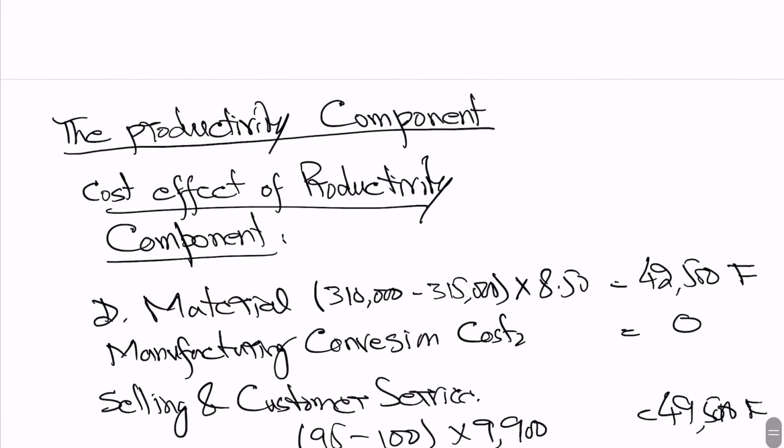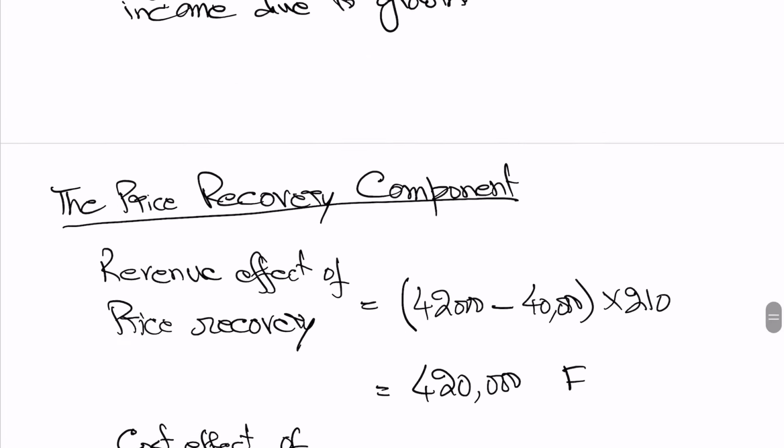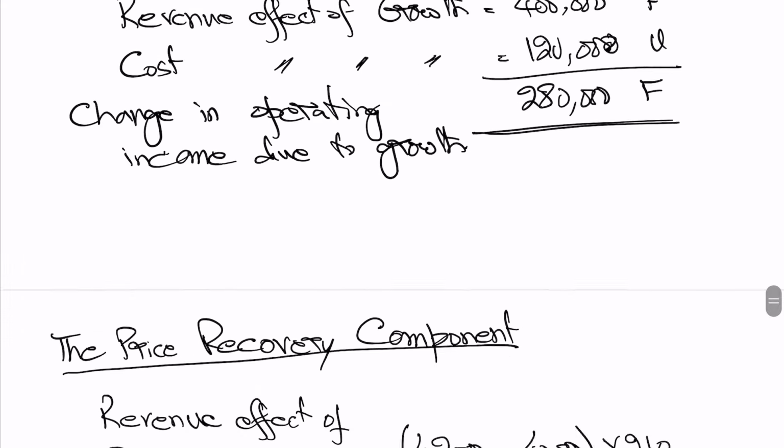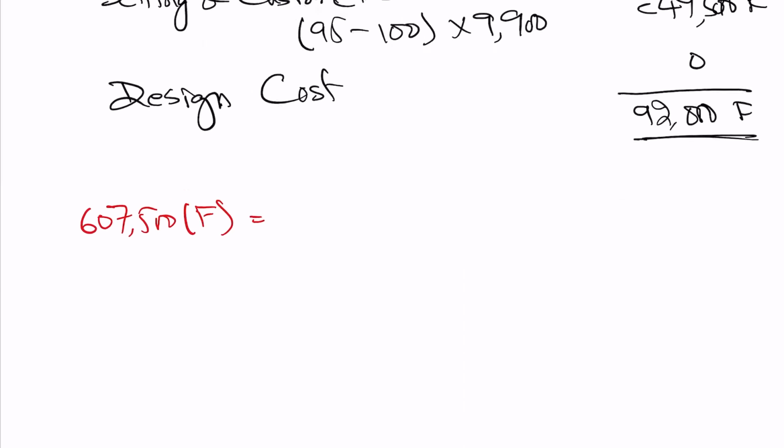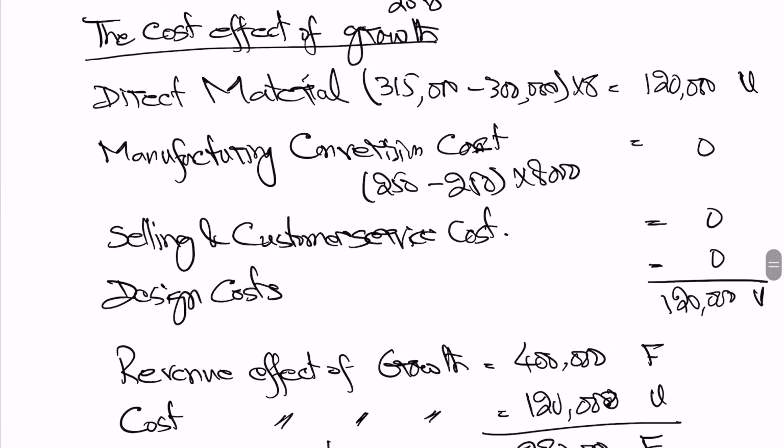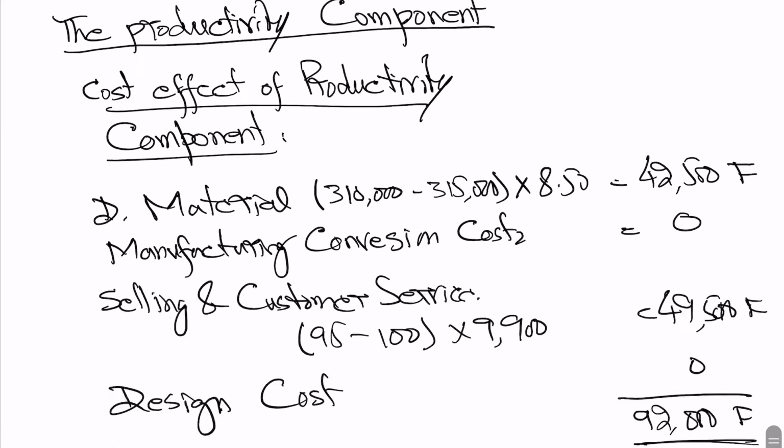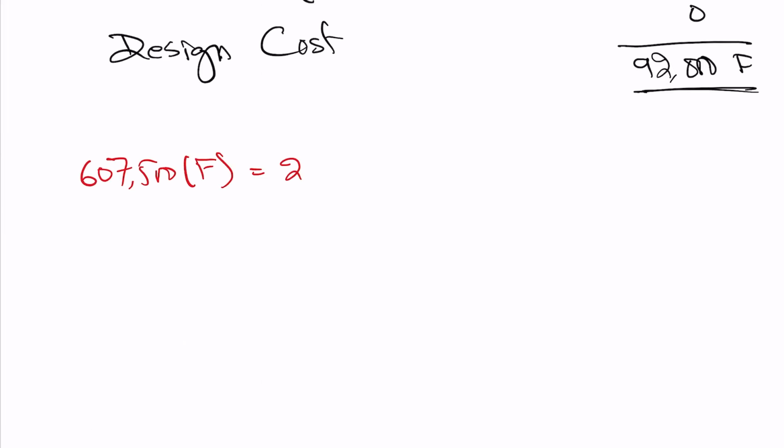Now we get three components. The first is the growth component, which is 280,000, and that's also favorable.